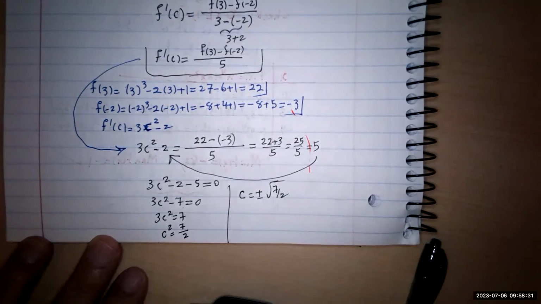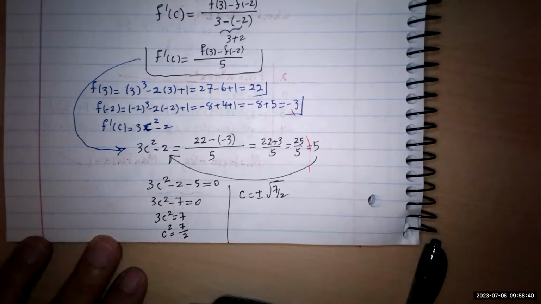Let's see if I can get this right. The square root of 7 divided by 2... sorry, shouldn't it be 7/3? Oh yes, you're right, excellent. 7/3.